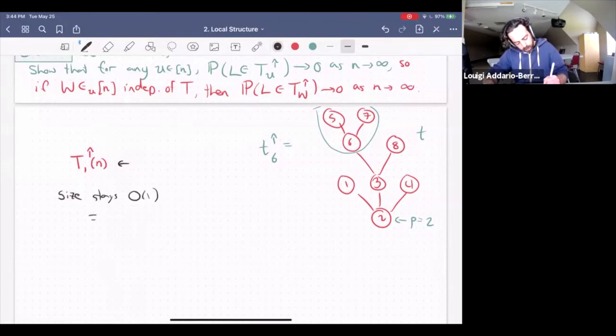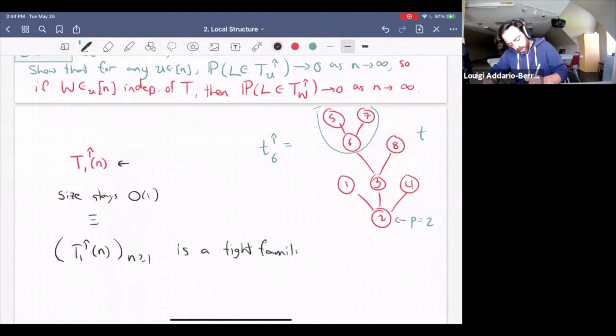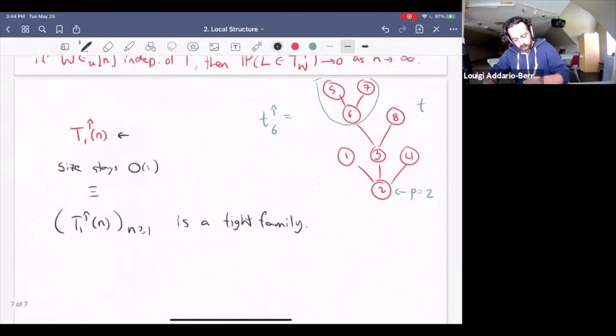Then the statement that this size stays order 1 is equivalent to saying that this collection of random variables, as n varies, is a tight family. That's terminology you should know from a first rigorous class in probability.